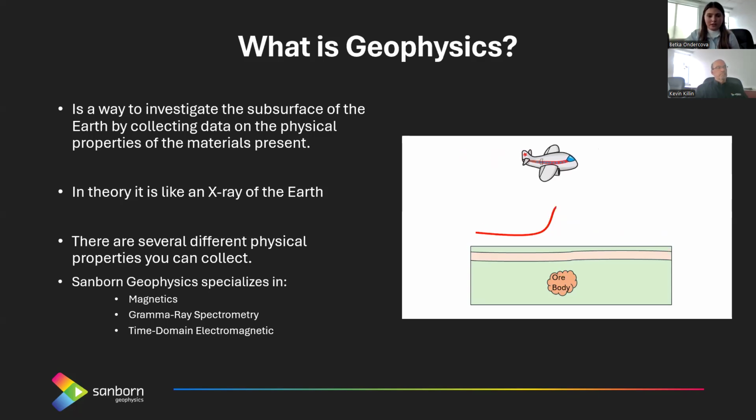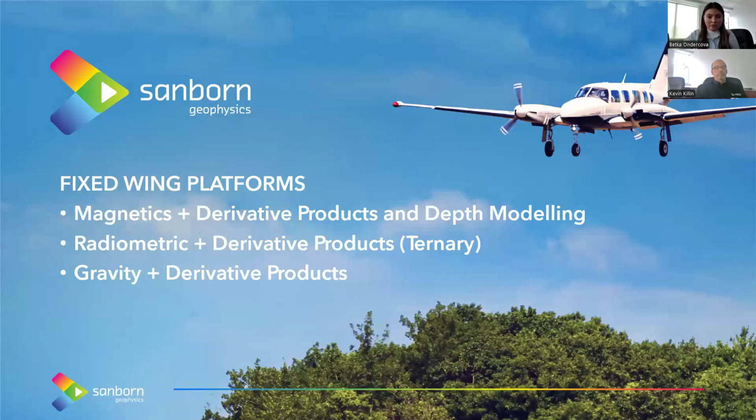Sanborn has fixed wing platforms, and we have multiple fixed wing aircraft outfitted for geophysics surveys. Each aircraft has a triaxial configuration with magnetic sensors on each wingtip and in a tail boom. The aircrafts are also equipped with AGRS spectrometers, which are advanced gamma ray spectrometers for radiometric data collection.